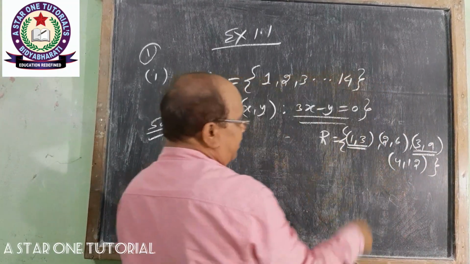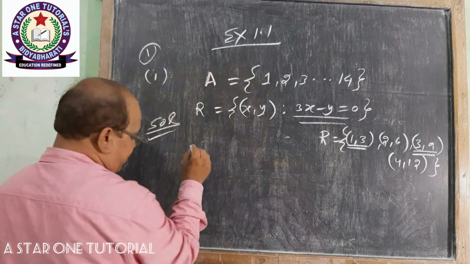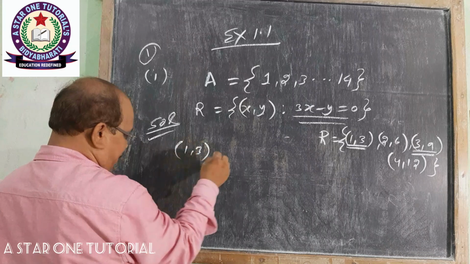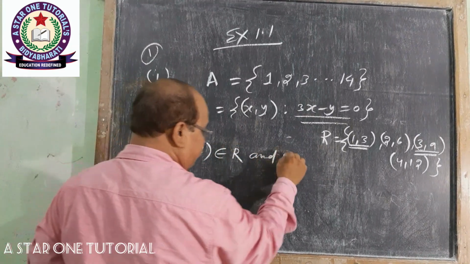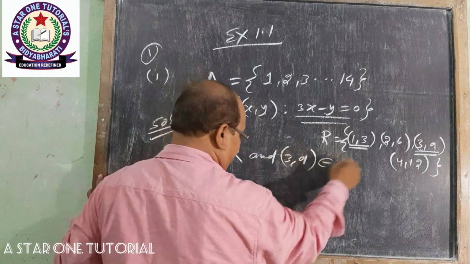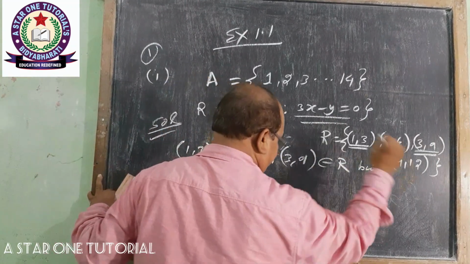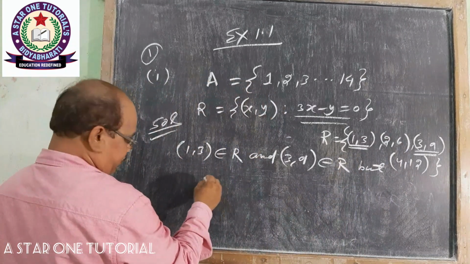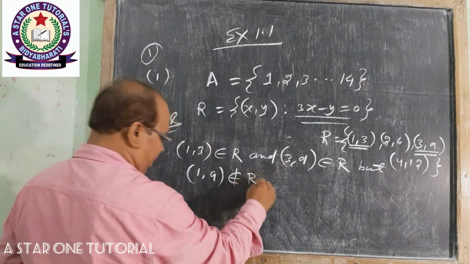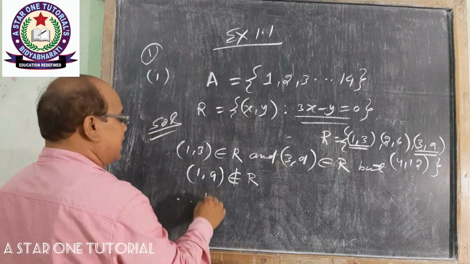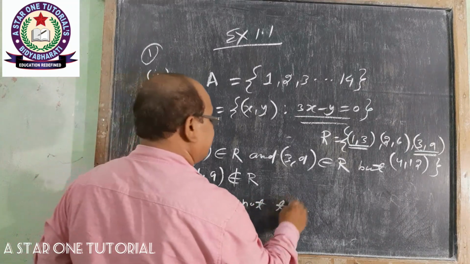Therefore, we can say that this relation R is not transitive. We will write like this: the ordered pair (1, 3) belongs to R and (3, 9) belongs to R, but the (1, 9) ordered pair does not belong to R. Therefore, R is not transitive.